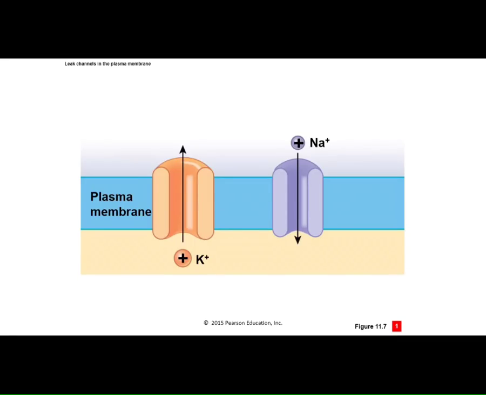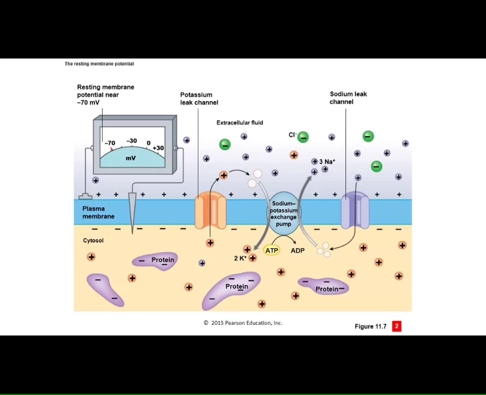This image is showing us the regular leak channels, right? Sodium's trying to get in, potassium's trying to get out. But there's another major player here, and that was the sodium-potassium ATPase, the sodium-potassium pump, right? You'll hear this used in different ways. And this is an active transporter, meaning that it requires ATP energy for this thing to keep working.